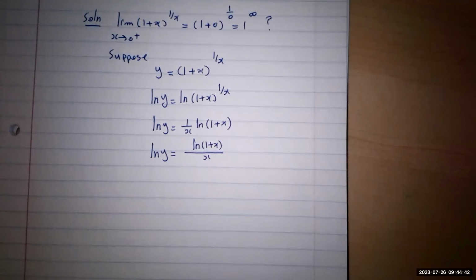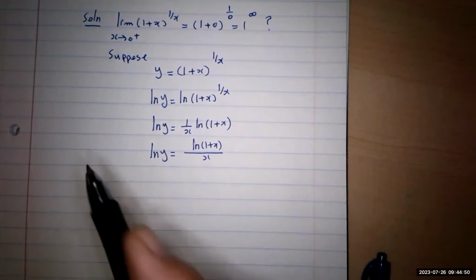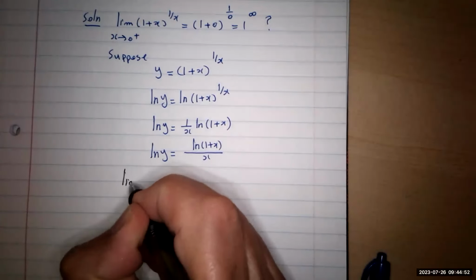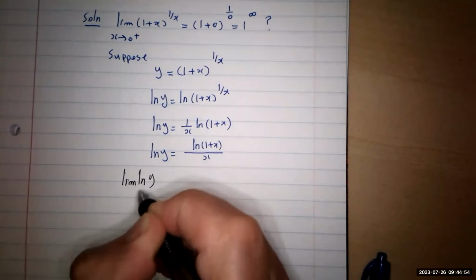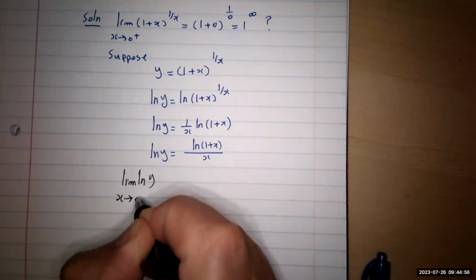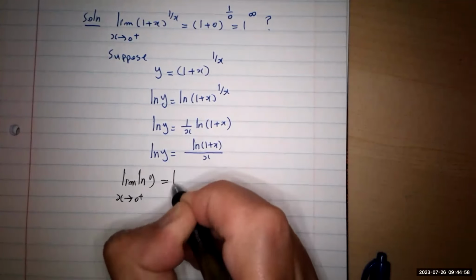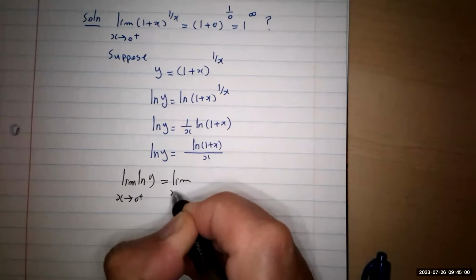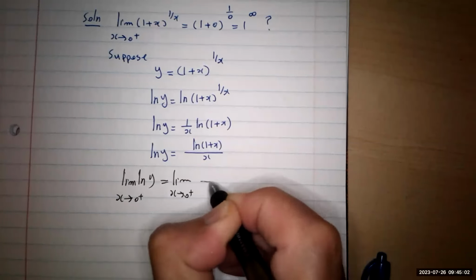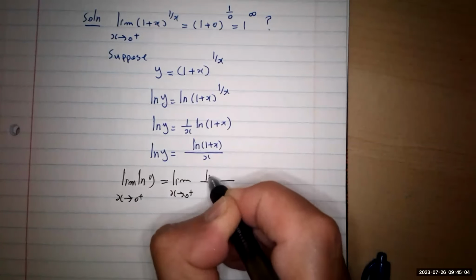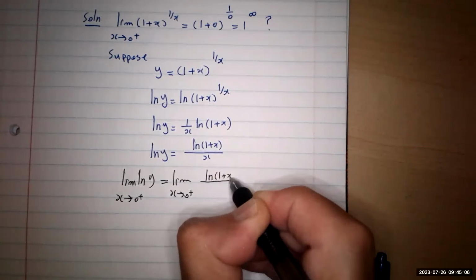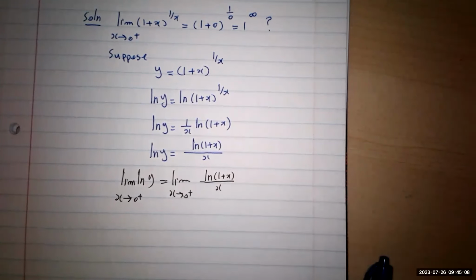Now what do you want? You want the limit of y, so take the limit. If you want to differentiate it, you differentiate. But take the limit of ln of y, this time as x goes to 0 from the positive side. It would be the same as the limit as x goes to 0 positive of this function, ln of (1 plus x) over x.